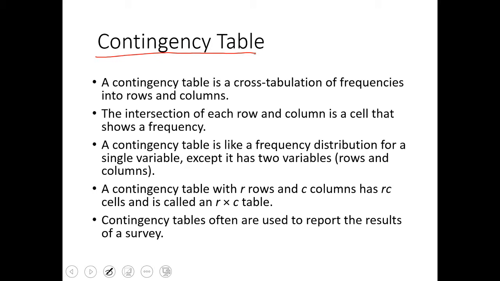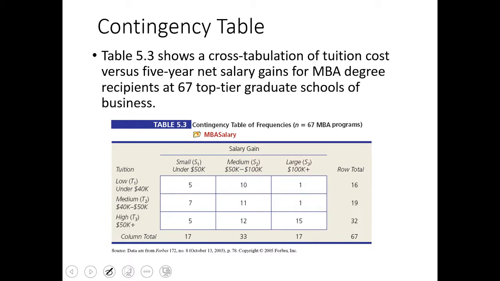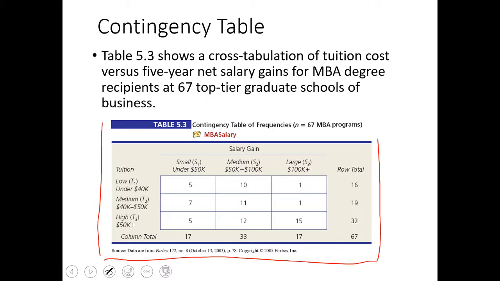So contingency table is, let's start with the example. So contingency table looks like this. It is a good example of a contingency table. So in this table, we consider the relationship between the tuition of business school and salary after the students graduate this business school.